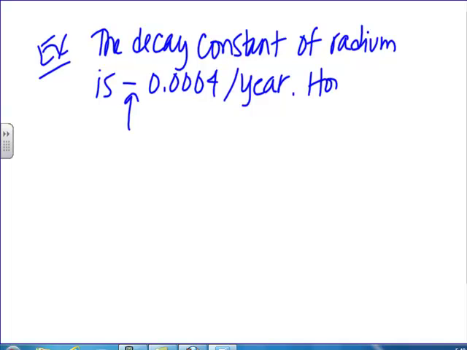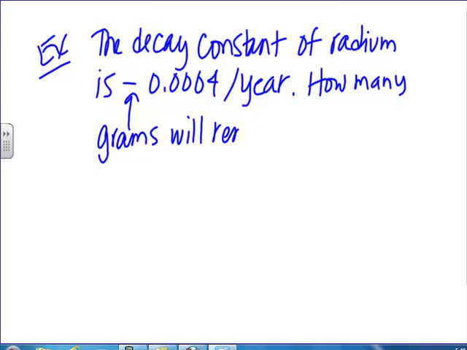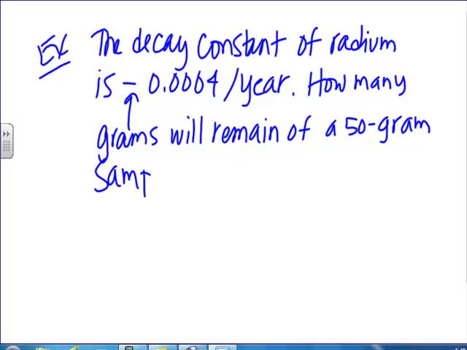How many grams will remain of a 50-gram sample after 20 years?